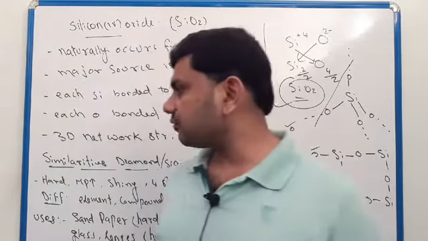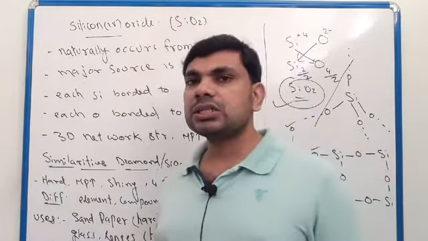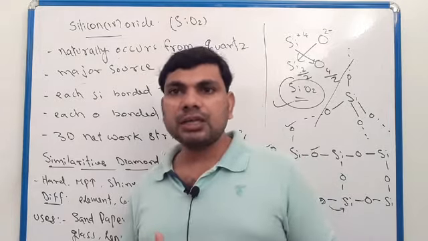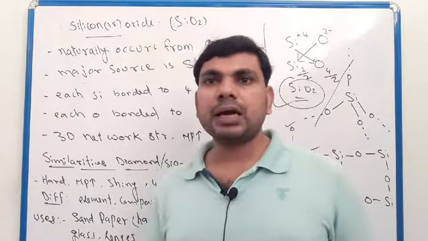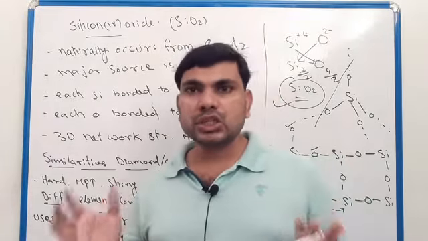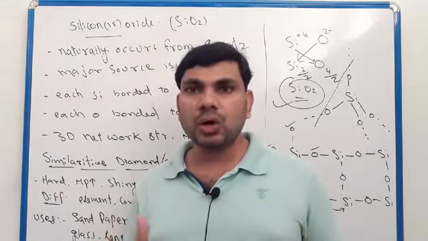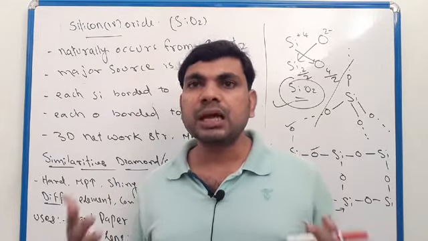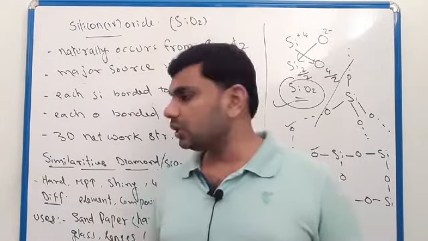Clear? And the difference between diamond and silicon oxide: diamond is an element, only carbon atoms. Silicon oxide is a compound because silicon and oxygen, different types of atoms, are chemically joined together. Clear?